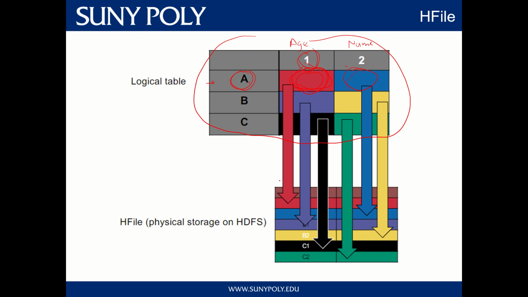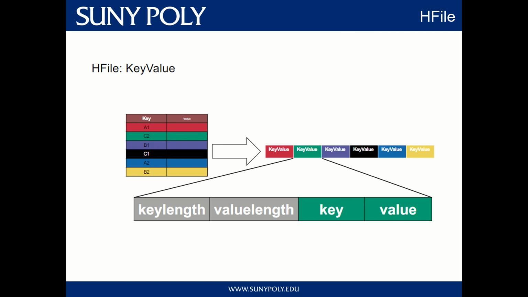So this is how we get the list of key value pairs that I mentioned in the previous slide in our HFile. And this can be translated to the key and the value. We can have the key length, the value length, and this is how this is stored physically in the different nodes in a network when we have big data.